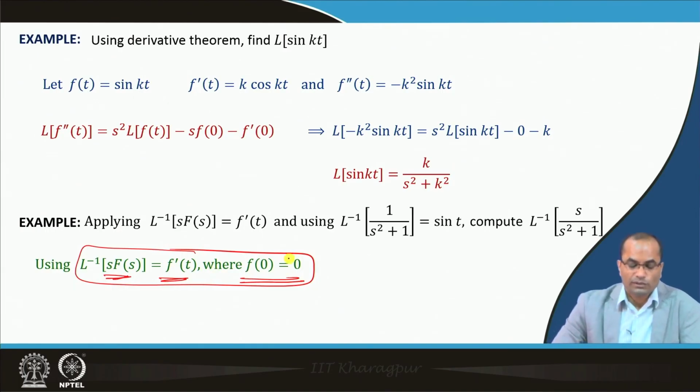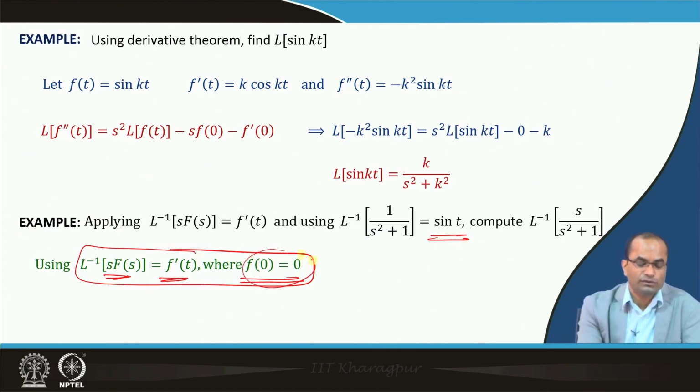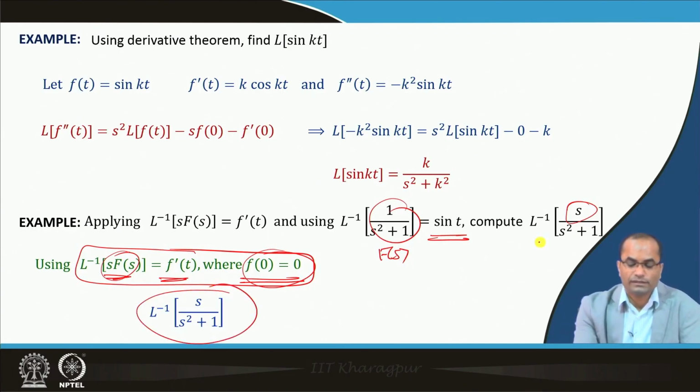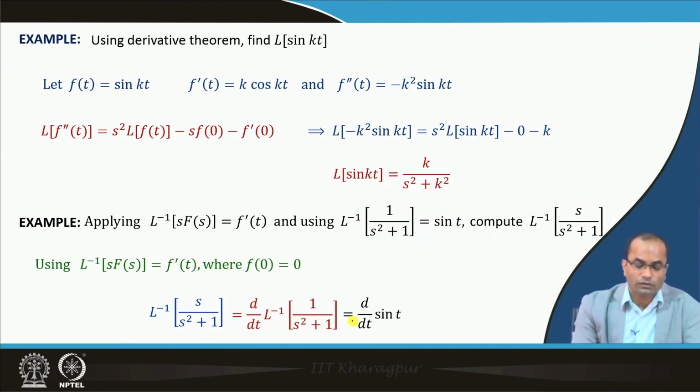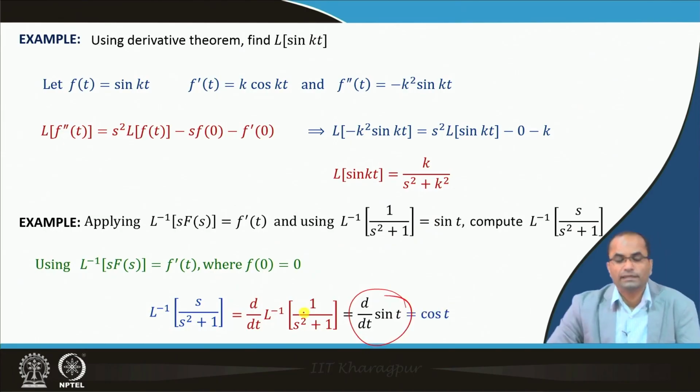In our case, if we take f(t) as sin t, f(0) is 0, and this is exactly s F(s). So, the inverse Laplace of s F(s) will be f prime(t), that means the derivative of sin t. The derivative of sin t is cos t. So, the inverse Laplace of s over s squared plus 1 is nothing but cos t.